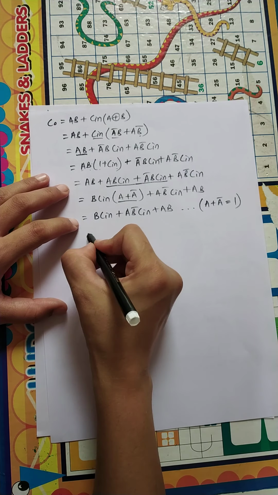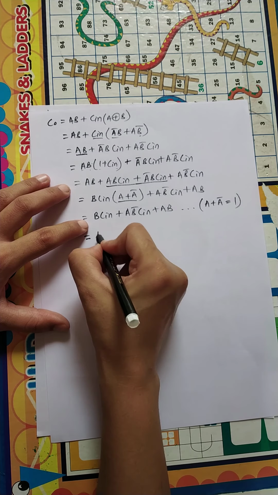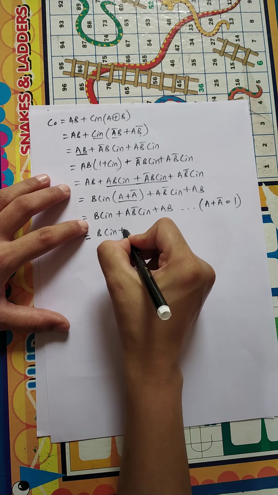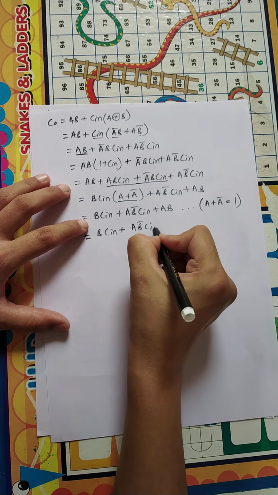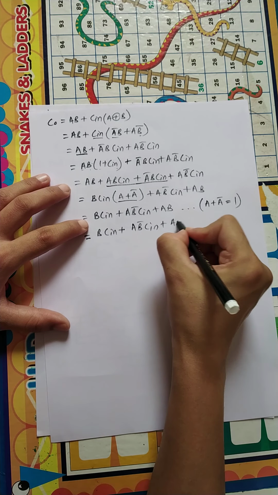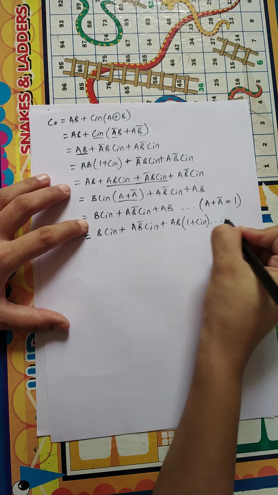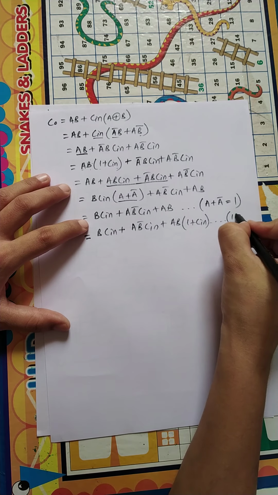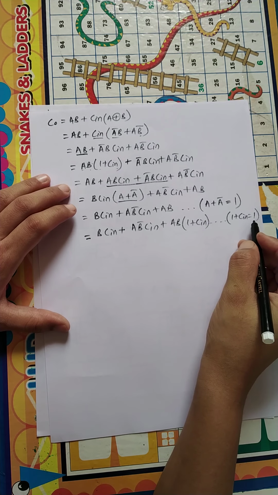Now next, I'll write BCin as it is plus AB barCin plus, now this AB again can be written as AB times 1 plus Cin, as it does not change the meaning. 1 plus Cin equals 1, that means AB dot 1 does not change the meaning.